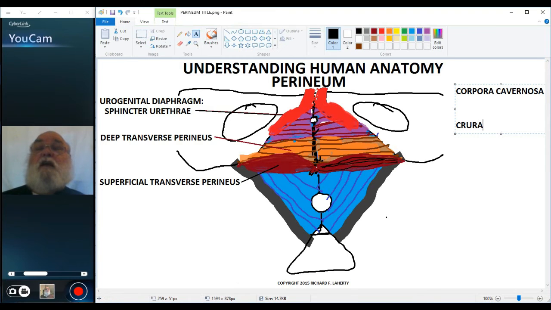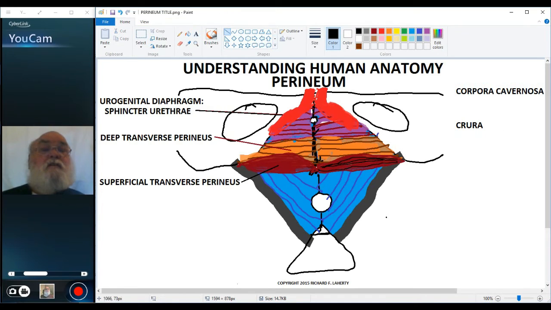And let me draw lines to these structures. Corpora cavernosa, which go out into the body of the penis, and the crura, which anchor the corpora cavernosa to the ischiopubic ramus.